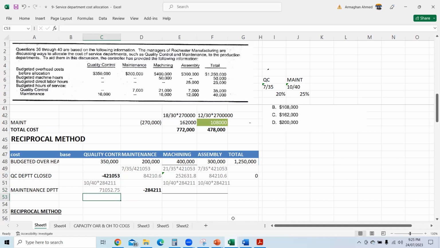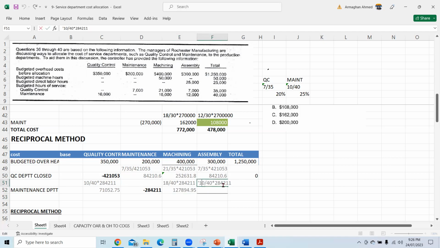Okay, 71,052. How will we allocate now? What percentage will be for machining now? 18 divided by 40, into this, right? So let's copy this here. So that will be how much? 127 like this.